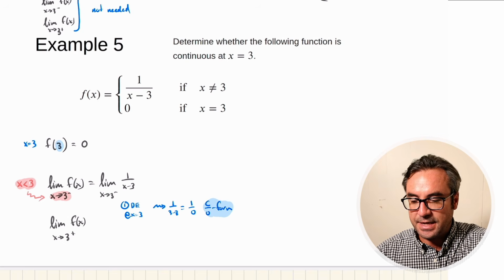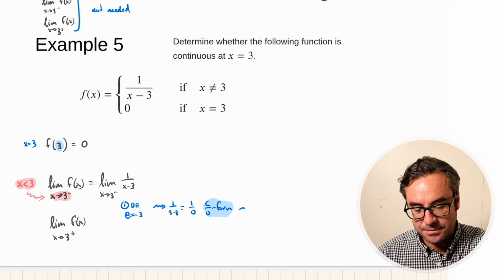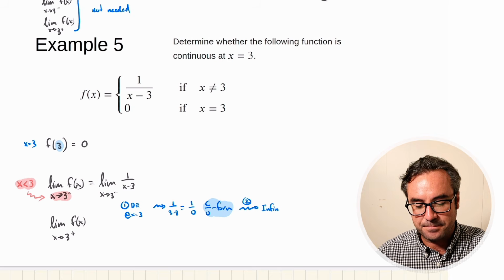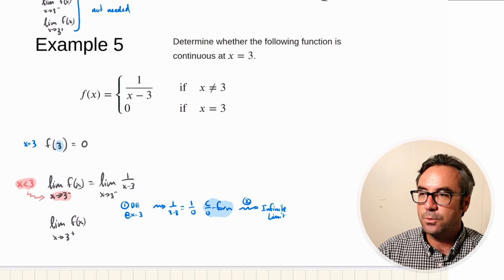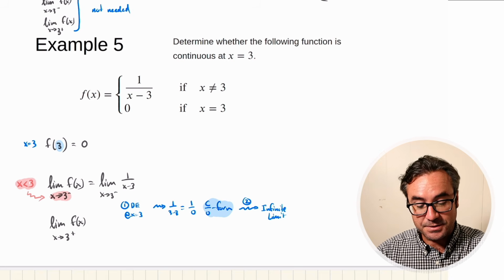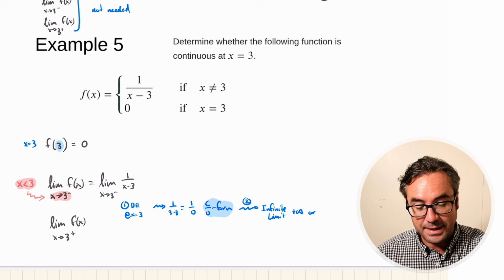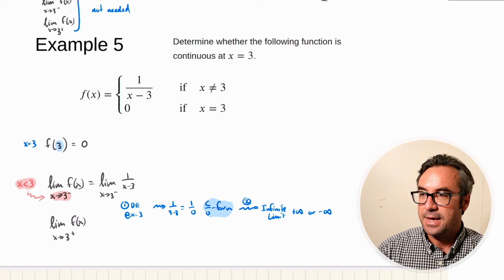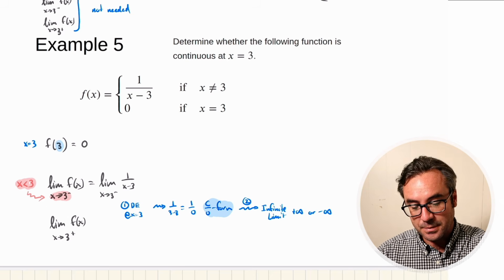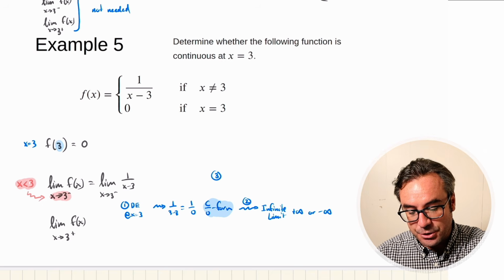And let's state it. That means, in step 2 here, that we're going to have an infinite limit. So we have 2 choices, plus infinity or minus infinity. And we've got to figure out which one. So we've got to use a test number to do that.